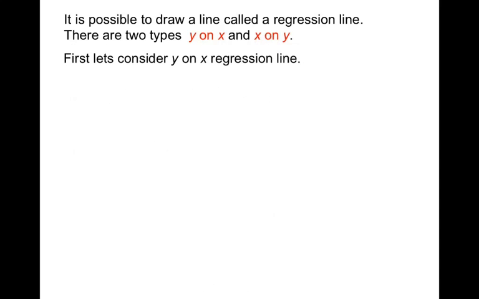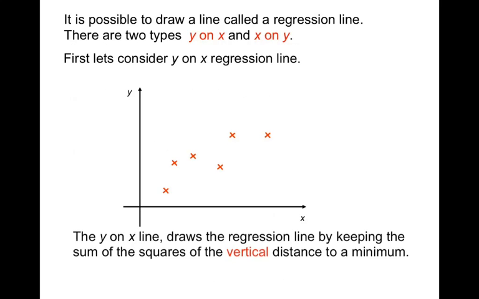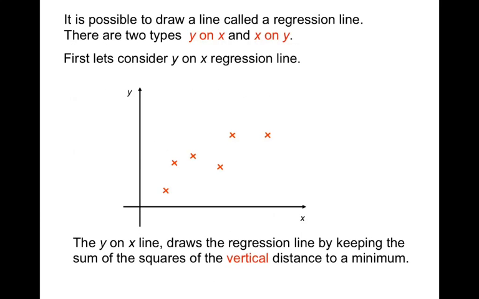First, let's consider the y on x regression line. If we go back to that data and we draw the y on x line, what it does is keep the vertical distance to a minimum.